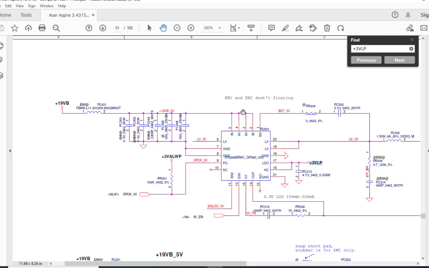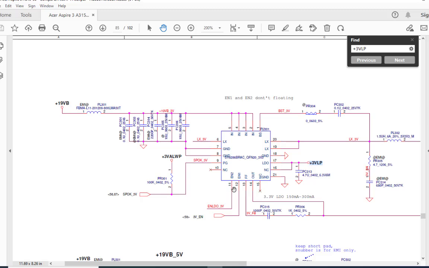So this chip receives a 19 volt, and this chip has two enables, enable 1 and enable 2. This LDO enable signal is generated, and here it requires a minimum of 3 volt.